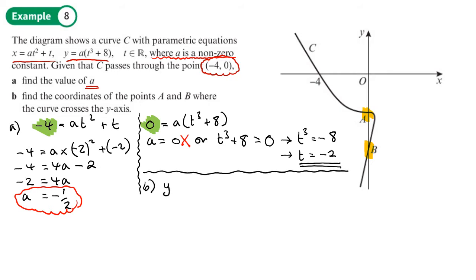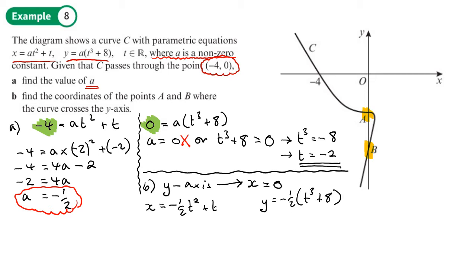So where it crosses the y-axis, that means that we make x equal to 0. Now we can write our new equations because we know the value of a is -1/2. So our parametric equations become x equals -1/2 t squared plus t, and then the other one is going to be y equals -1/2 times (t cubed plus 8).